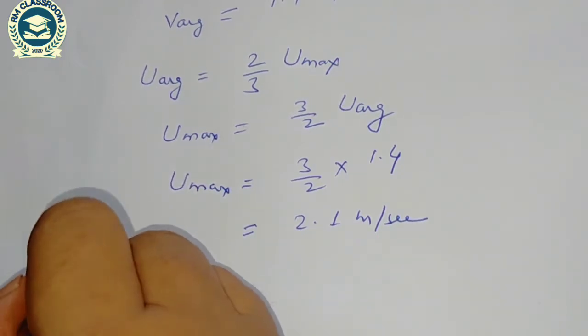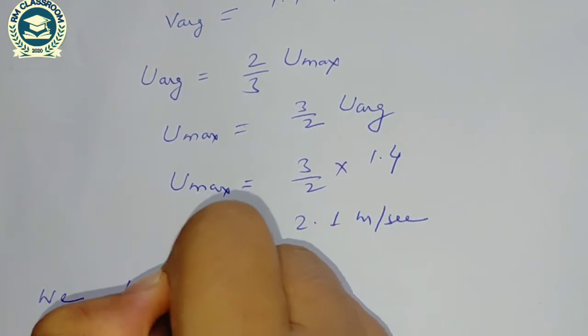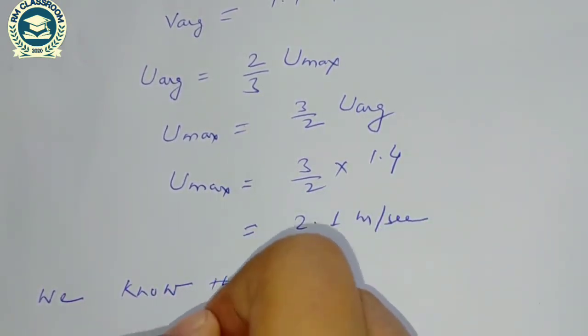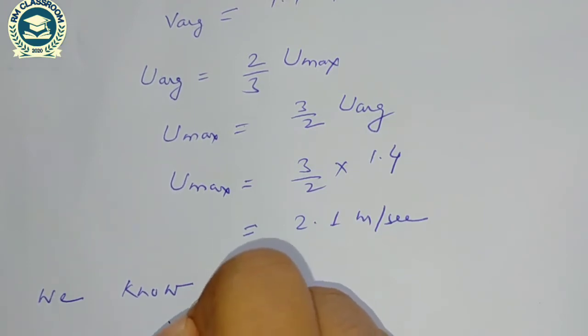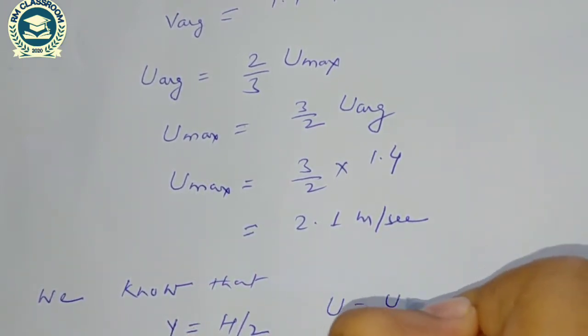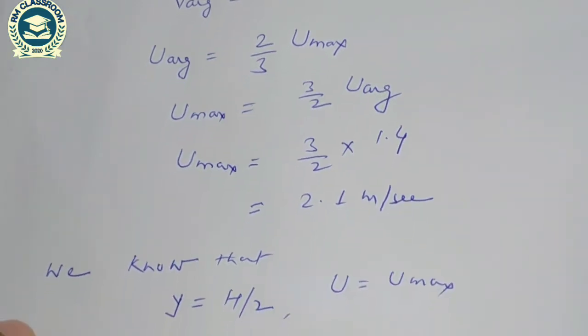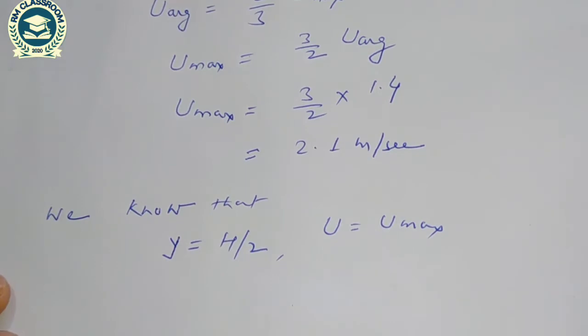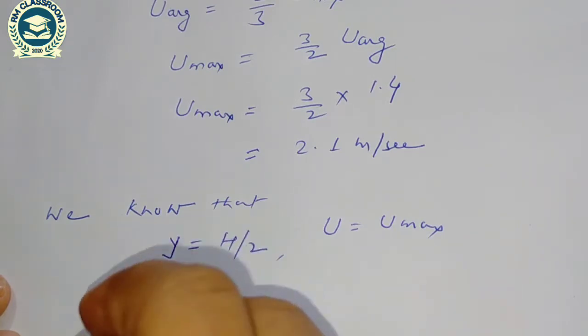So we know that when y is equal to h by 2, our velocity is maximum. Just differentiate the local velocity, so you will get y is equal to h by 2, and the maximum velocity we have already computed.